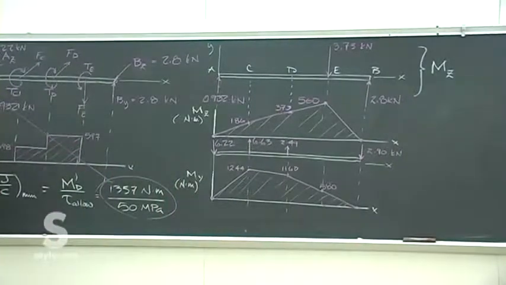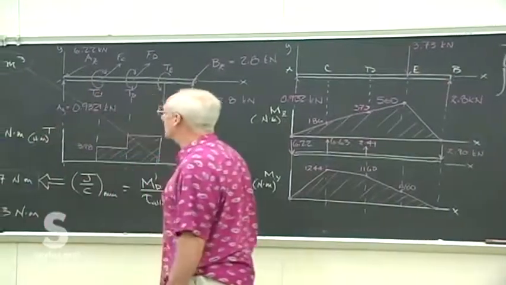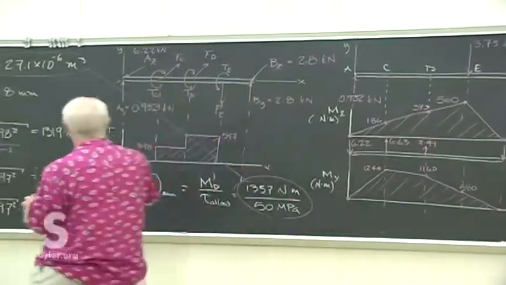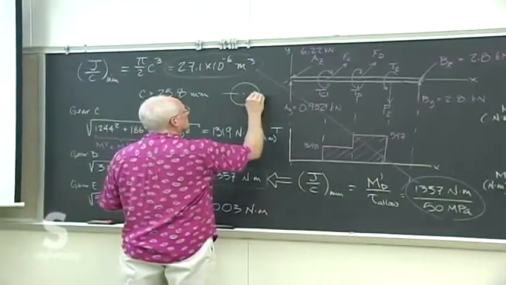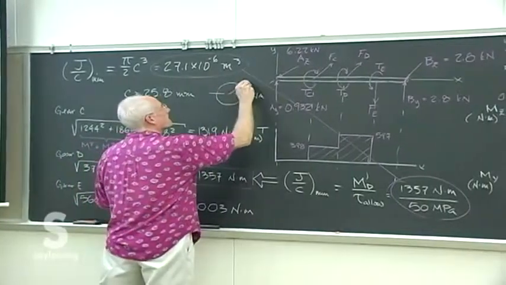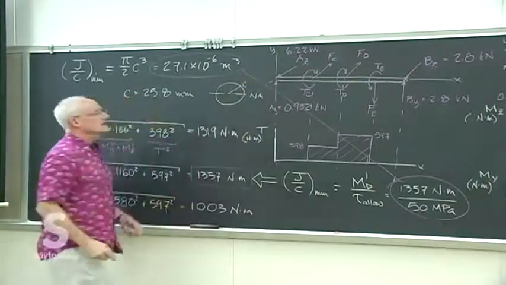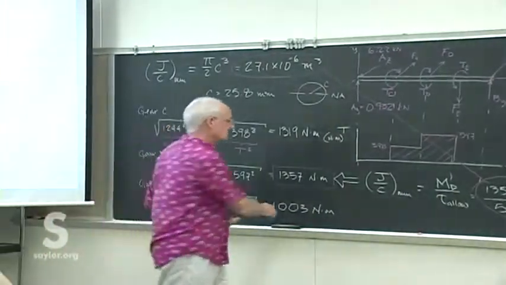Remember, that's our symbol for the maximum dimension in the cross-section from the neutral axis, which is, of course, since it's circular, right down the middle. C takes us right out to the outside, because that's where things are the worst. That's the worst case.